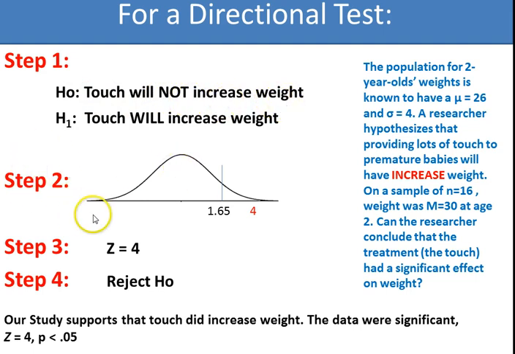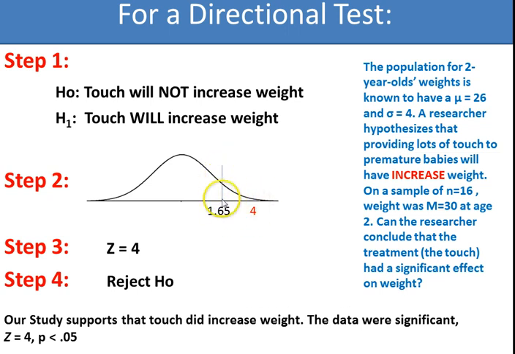In step two, when you're setting the critical region, now running a z-test with an alpha level of 0.05, because we are expecting an increase in weight, we're expecting an effect to the right of the mean. We would only be looking for an effect in one tail.